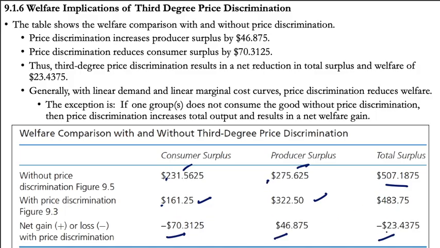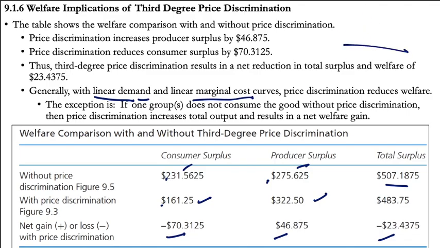So what can we say about the third degree price discrimination in this case here? Is it giving you more benefit or less benefit when you do the comparison? Okay. With the linear demand curve, as you can see, the way we draw, all of them are linear. Linear demand curve, linear marginal cost curve, linear. This one is linear.